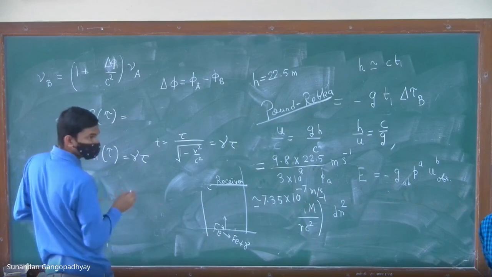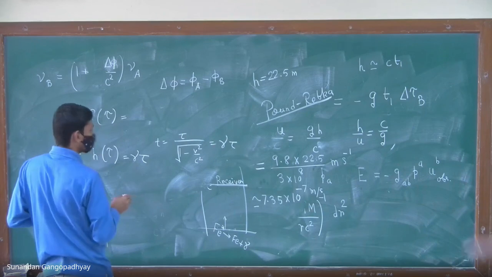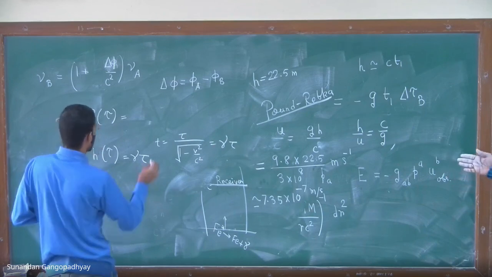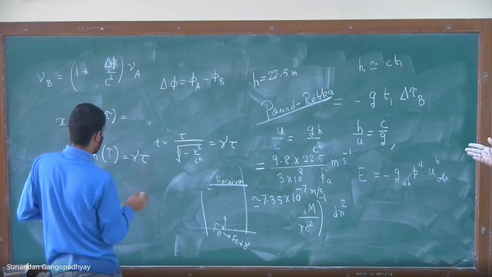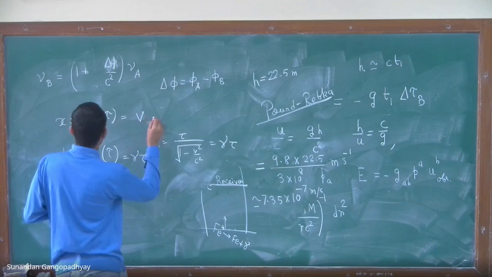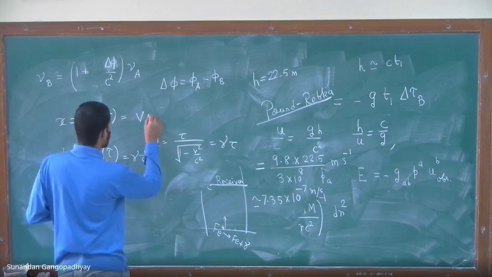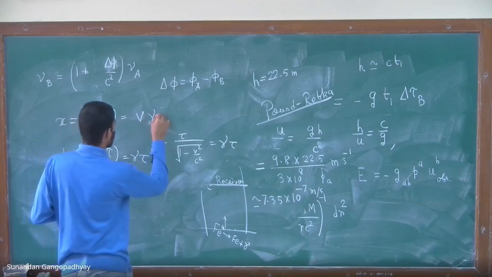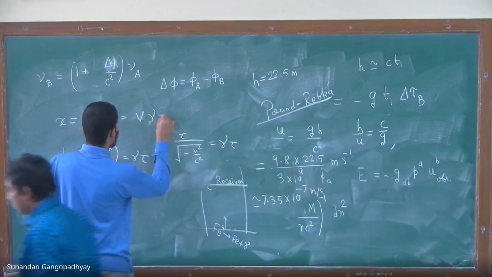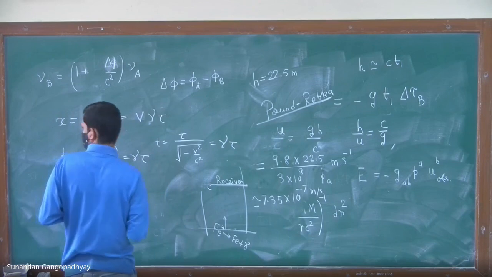The first one is written correctly, because that follows from the special theory of relativity, time dilation. So tau is proper time, and tau must be smaller than t. So t is equal to gamma tau. Yes, you are writing it correctly.